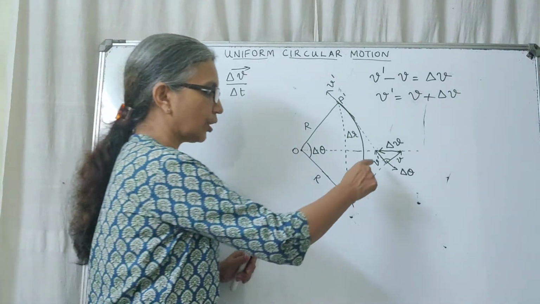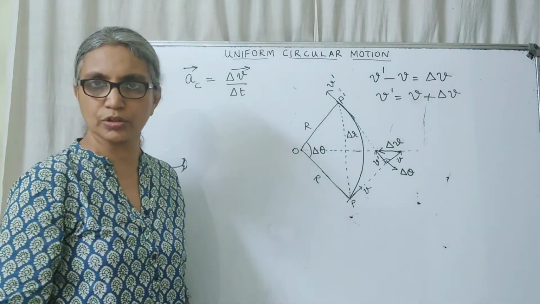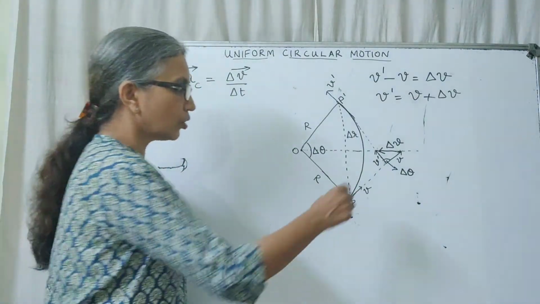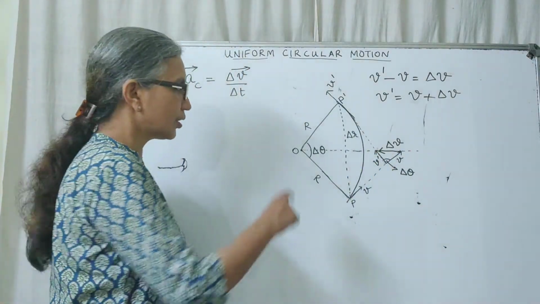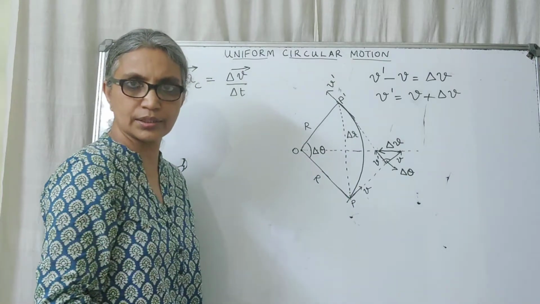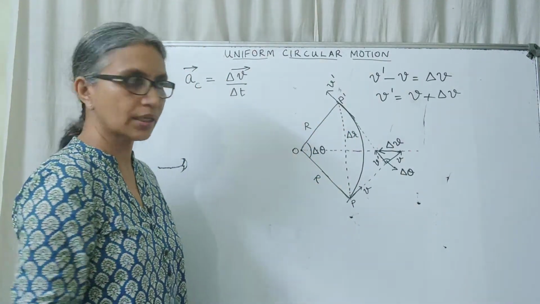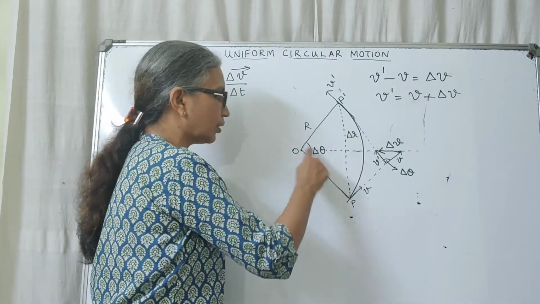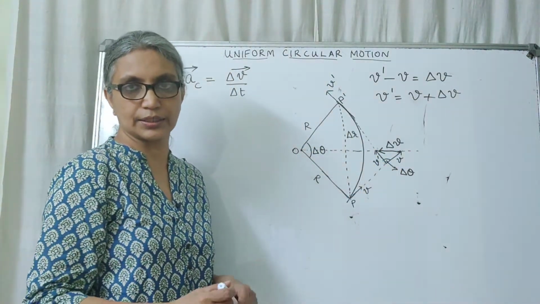Also, I just told you now, in magnitude, B dash and B have the same magnitude, the length will be the same. So this is an isosceles triangle with the base angles equal. Similarly, in this triangle, this is the radius, this is also the radius. So that these two angles are also the same, the base angles. Which means that this triangle and this triangle are similar by AA similarity.